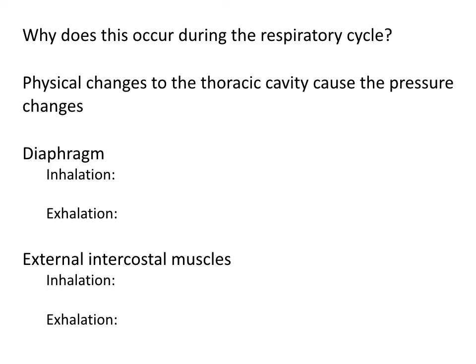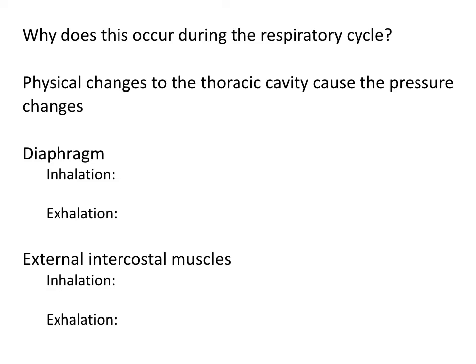So, why does this occur during your respiratory cycle? Well, think about it. If you put your hand on your chest and take a breath in, you can feel as you inhale that your thoracic cavity is getting larger. So that means your thoracic wall is moving outward. Now, you learned about the parietal pleura a few slides ago.